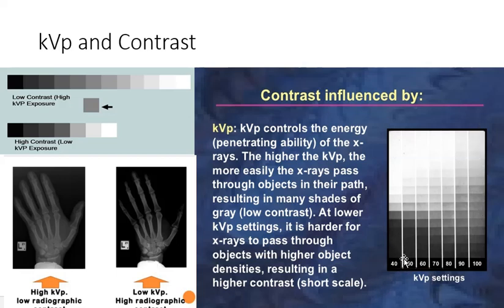So at 40 kVp, it almost looks like we only have 1, 2, 3, 4, 5, 6, 7 steps. And at 100 kVp, you can see each one distinctly different from the other. Narrow contrast, wide contrast, high latitude, low latitude, long scale, short scale.